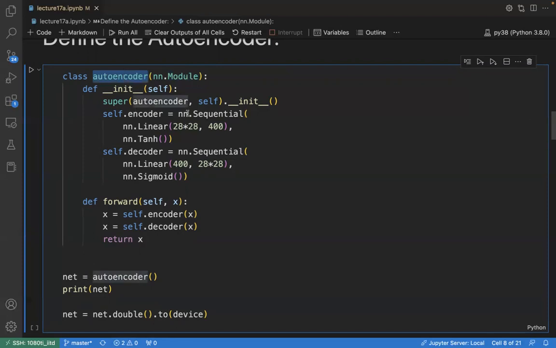So in this autoencoder, in the constructor itself, we need to define the encoder and the decoder. So here the encoder is 28 times 28 to 400, and the decoder is just the opposite, as we discussed earlier, 400 to 28 times 28. And in the forward, what we did is that we passed the input to the encoder. We got an encoded sample Z, and that Z is passed to the decoder, and we get a reconstructed sample X hat. I just renamed it so that it will be easier for reading.